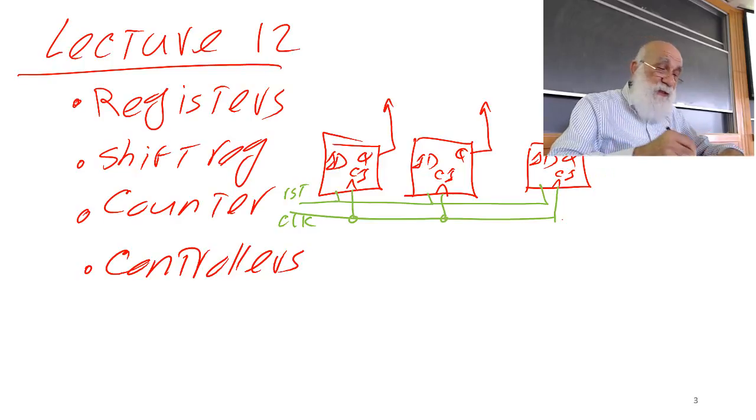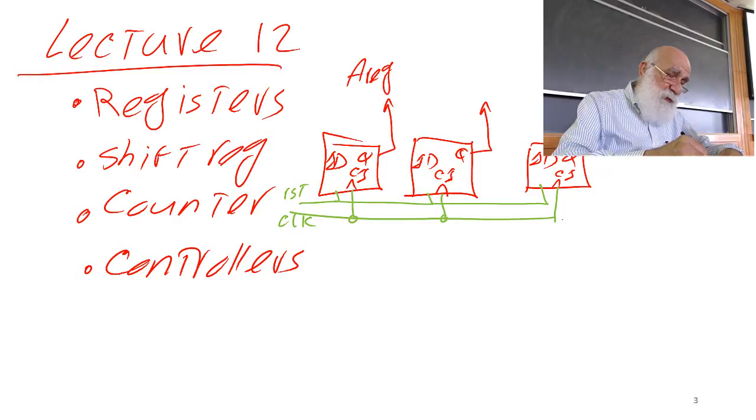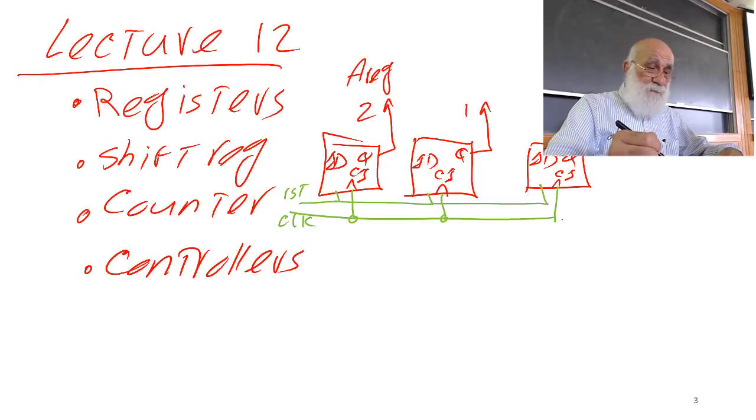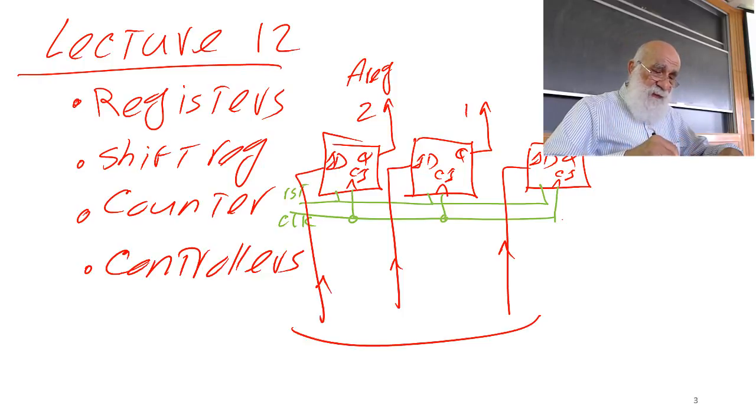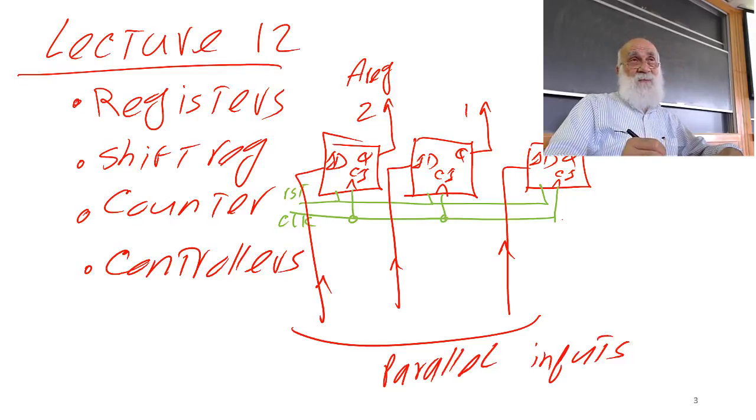Let's say I'm calling this A register. So this is A register, bit number 2, bit number 1, bit number 0. All right, and then these become the inputs of the register. Normally these are called the parallel inputs of the register.